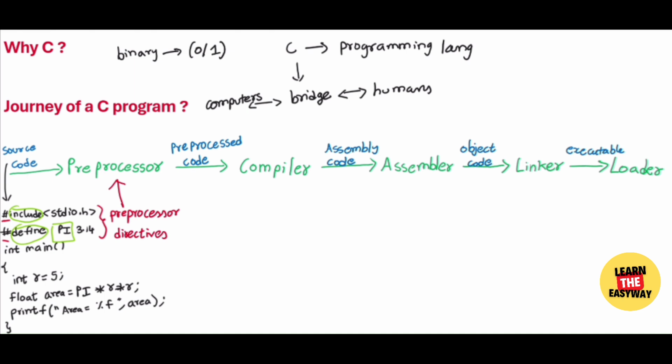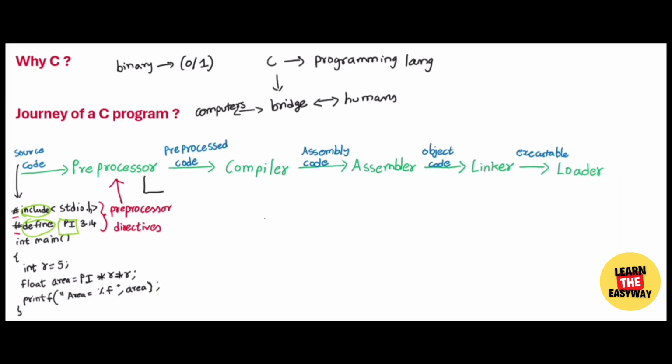This source code is given to the preprocessor. The duty of the preprocessor is to handle the preprocessor directives, meaning the statements which begin with hash, and to remove comments. In our program, we don't have any comments, so this step is skipped.